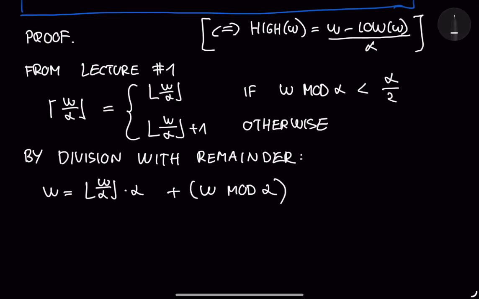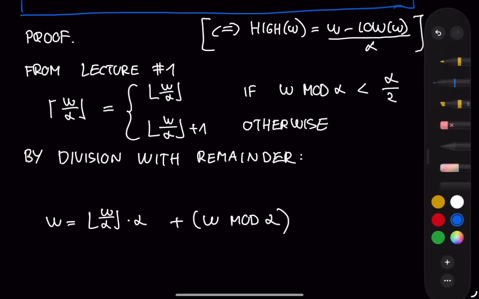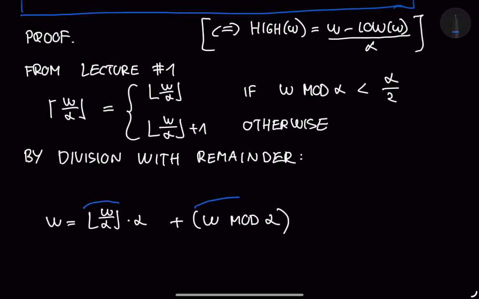And of course, if we consider this part and this part, and we have the case that w mod alpha is smaller than alpha half, what we get is that this is actually already the symmetric modulo value, which is finally the low part.